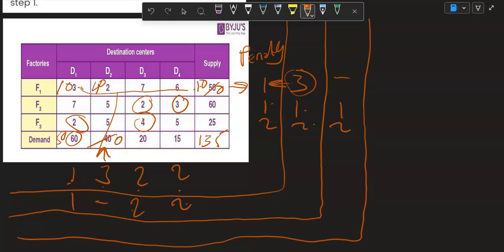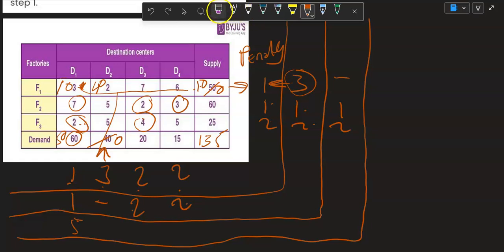Then we go to the demand. In this column, we have 2 as the smallest and 7 as the next smallest. Since 3 has already been allocated to, we are not using it. 3 is in the position where we have allocated 10 there. So 7 minus 2 is 5. So we have a 5 there. We go to the next column.